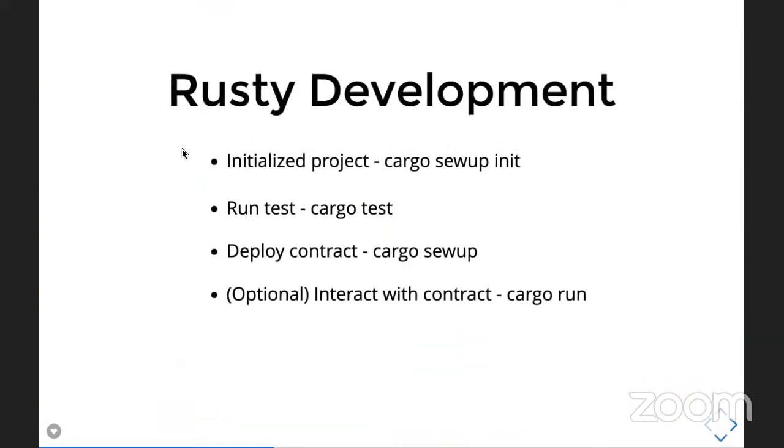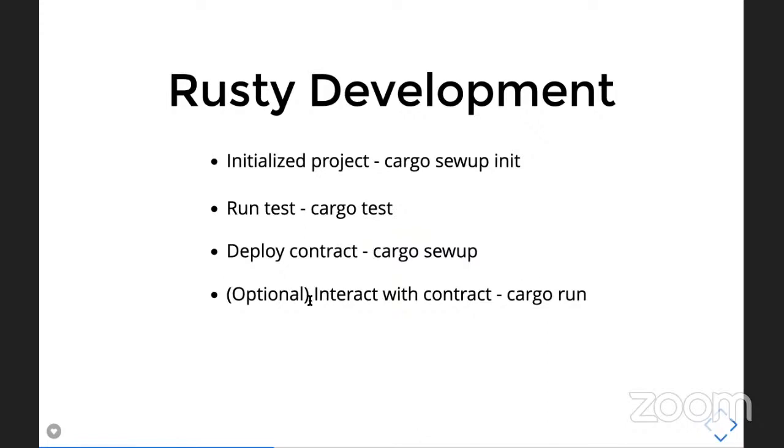And for Rusty development, we provide something easier like this. You can init a project with cargo sewup, a command line tool, just cargo sewup init. And after init, you can run cargo test, and you can see the tests run. And if we want to deploy the contract, just use cargo sewup.